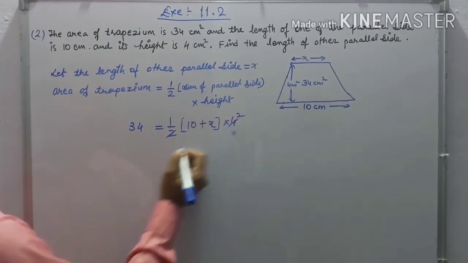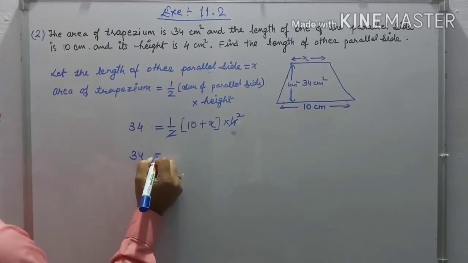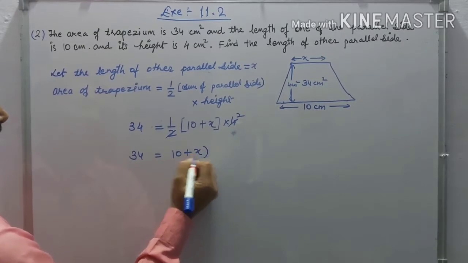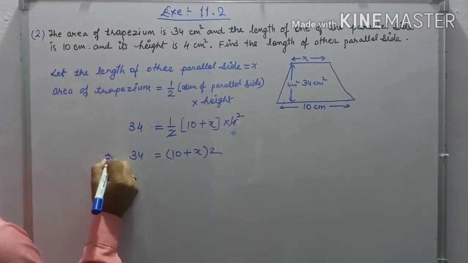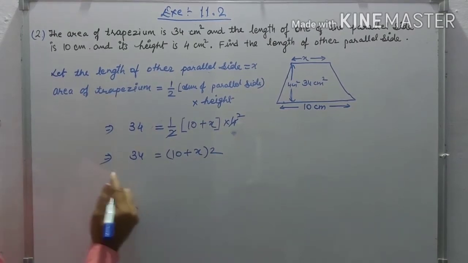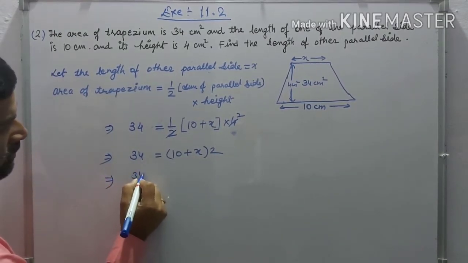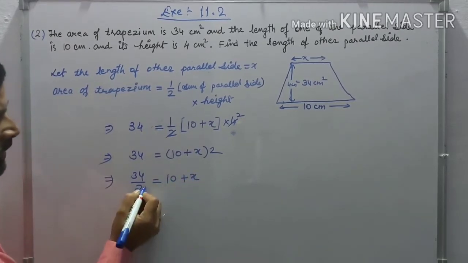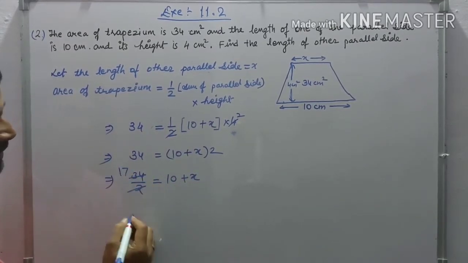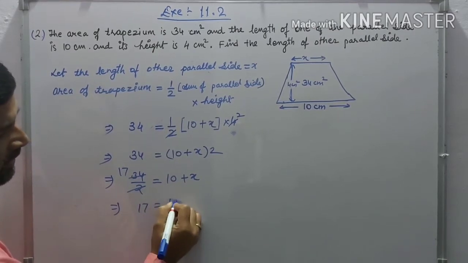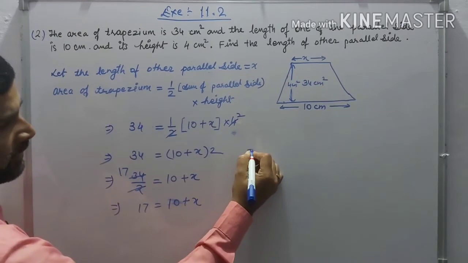2 2s are 4. 34 is equal to 10 plus x multiplied by 2. Now transfer the 2, so 34/2 is equal to 10 plus x. After cancellation it is 17. It means 17 is equal to 10 plus x.